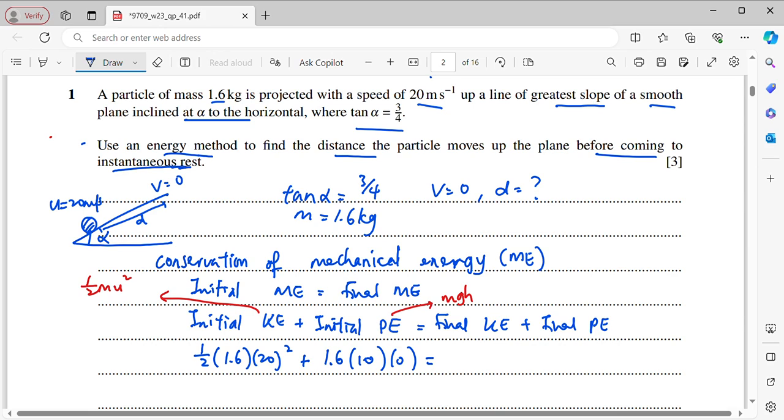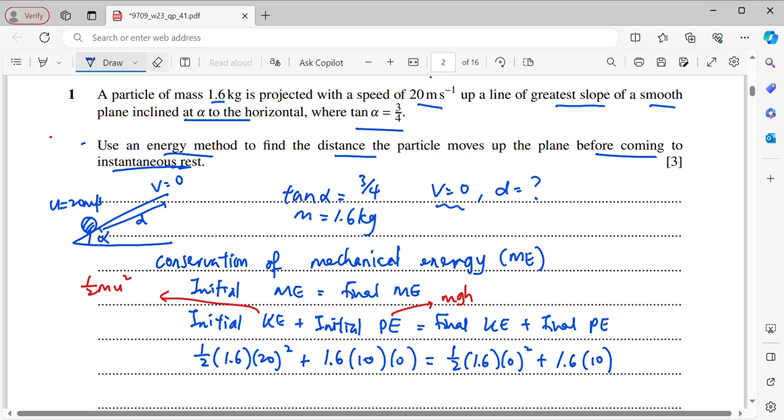For the final KE, it will be half times 1.6, and v is 0, plus 1.6 is the m, g is 10, and h is the height.